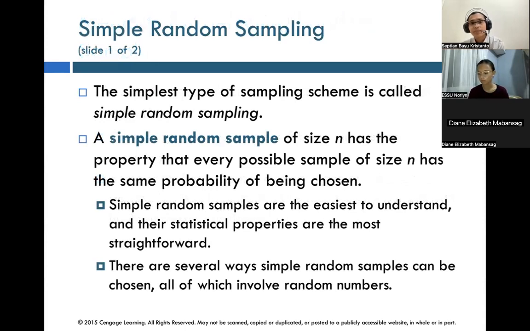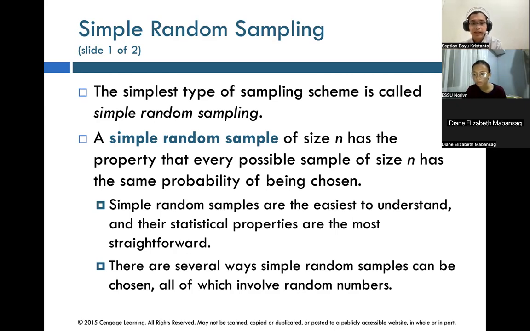The simple random sampling is the simplest type of sampling. You know that random is very easy. That is simple random because you only take a piece of your population with a smaller size. Maybe you have lots of examination scores, but today we only take one course or one exam.